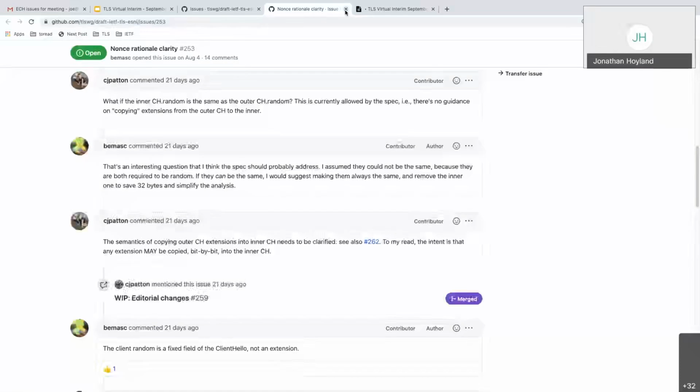Yeah, I mean, this seems like a detail of how one writes the PRNG. I would agree, but in most cases, most TLS stacks would just call random bytes and take whatever output and shove it in the client hello random. That's what they do, and this would be no different, I would imagine.